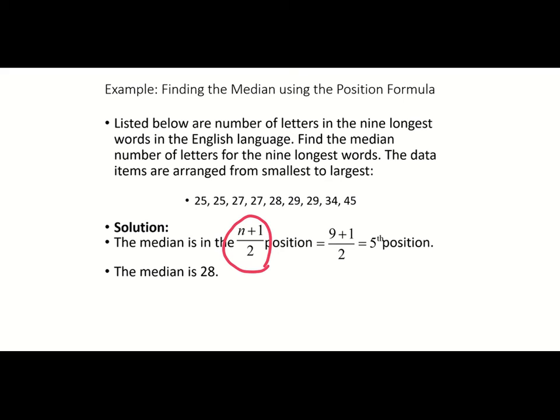Again, this is helpful when you have a large list of numbers. If you have 235 numbers, to find that middle part could be a little cumbersome, but if you use the position formula, it will help you find it quicker, so you know right where to go.